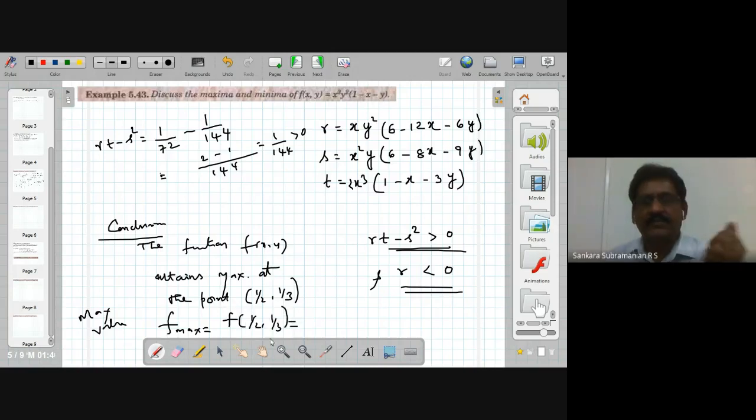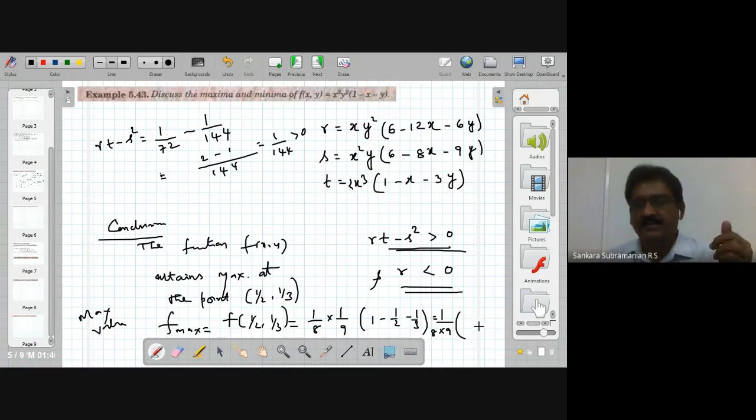For that you need the function. You have x cube, which is 1 by 8, y square, which is 1 by 9, into 1 minus x minus y. So which is 1 by 8 into 9.